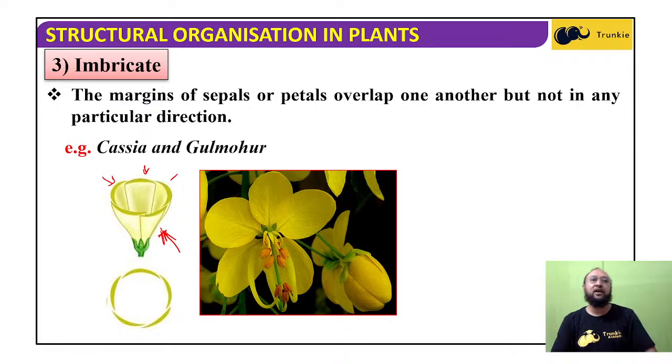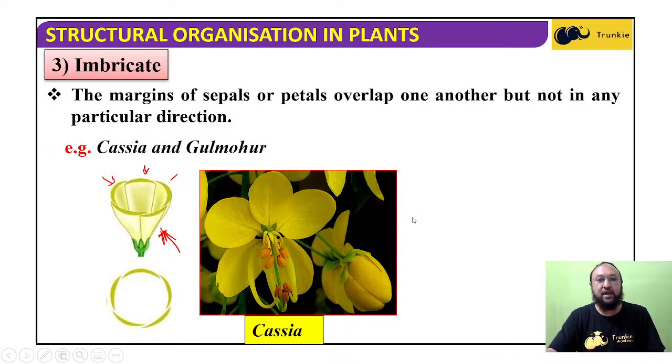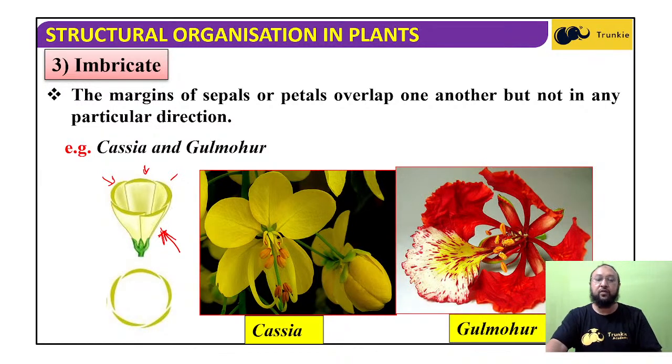So this is imbricate estivation, found in Cassia and Gulmohar.